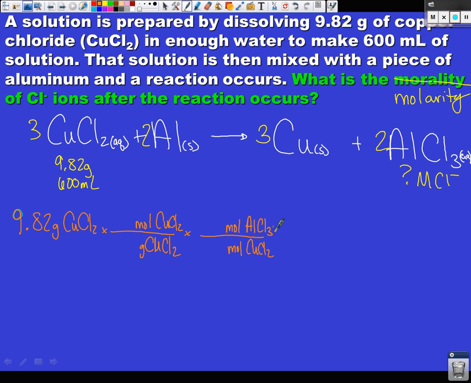Here's the next question. Do I stop here or do I keep going? What's the question? I'm looking for molarity. So let's stop here. If I need the molarity of the chloride ion, what does molarity represent?